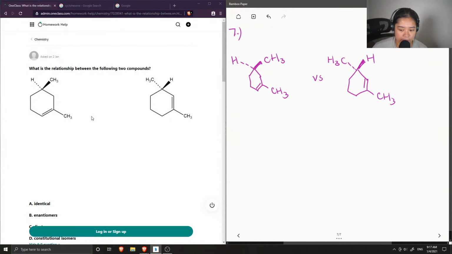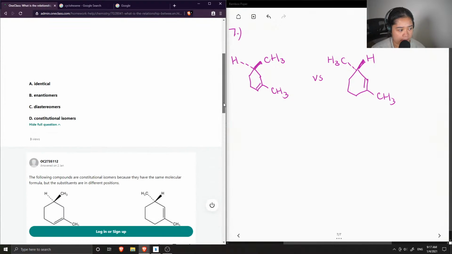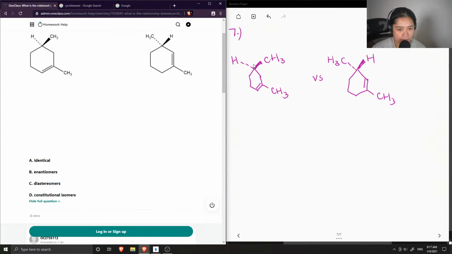So notice that we have two things going on. We have an inversion going on with the hydrogen and the methyl group. And the double bond is also in a different place as well. So I'm going to say that out of all the options given, these can be constitutional isomers.